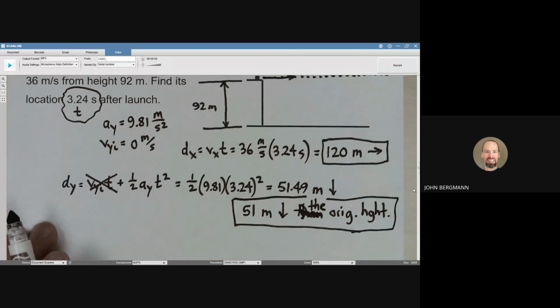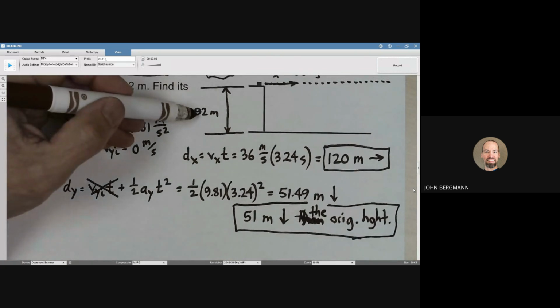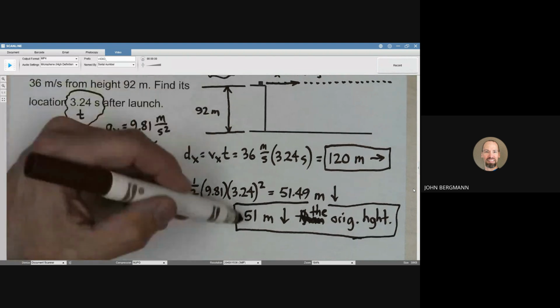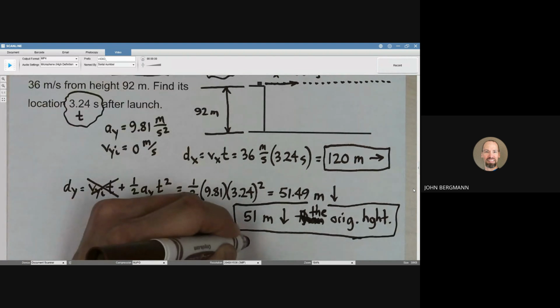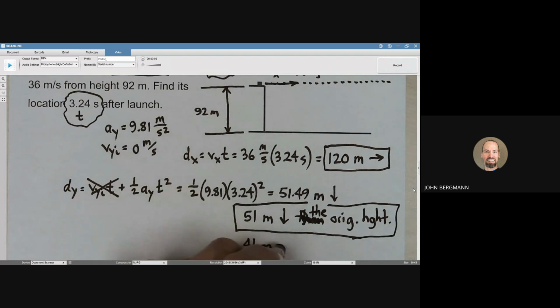That's one way you could say it. Or, since it started at 92 meters above the ground and it's fallen 51, you could say it's still 41 meters above the ground. That would be an equivalent way of saying it.